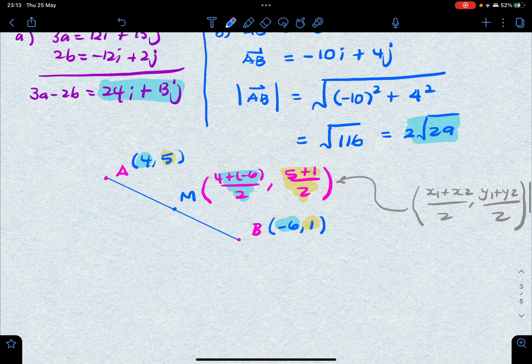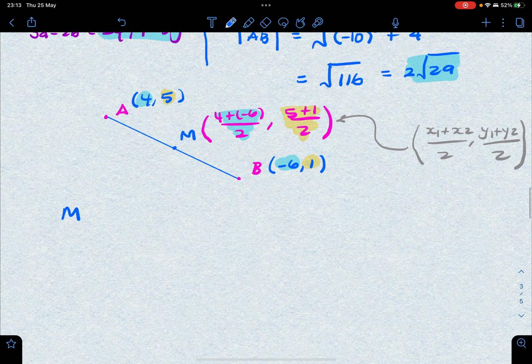So the coordinates of M will be 4 minus 6 is -2 over 2 is -1. 5 plus 1 is 6 over 2 is 3. So you can write the position vector OM as -i plus 3j.